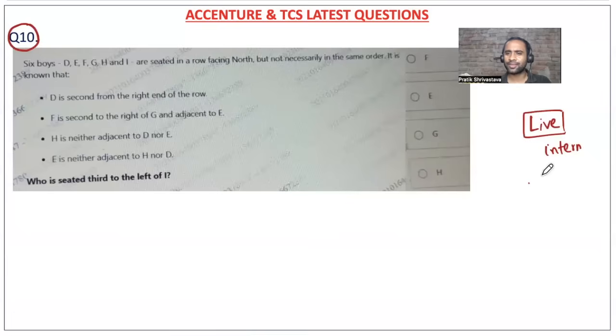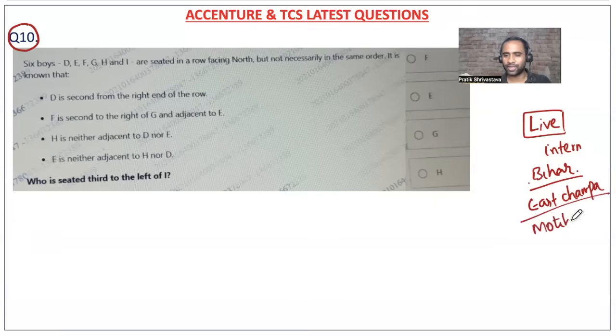In Bihar there is a place called Champaran, Motihari. I belong to that place, and in Motihari also I am from a village. So definitely there are internet connectivity issues here. That's the reason I blurred my background, and I was not able to take the live classes.